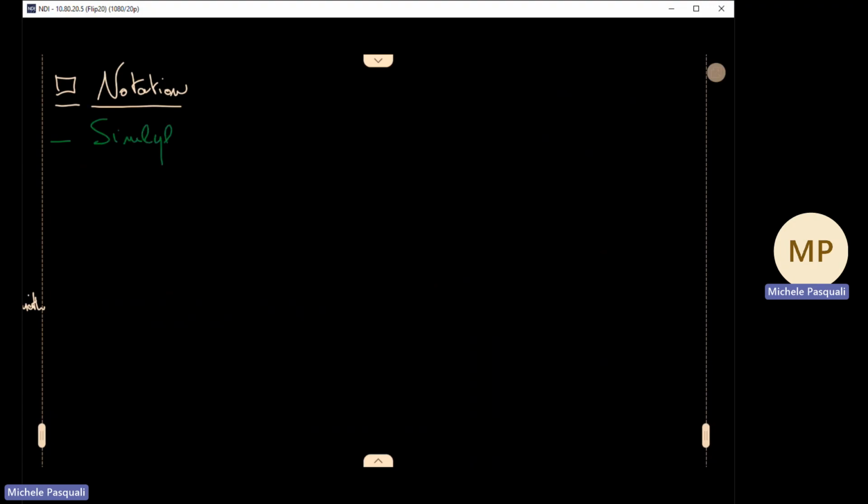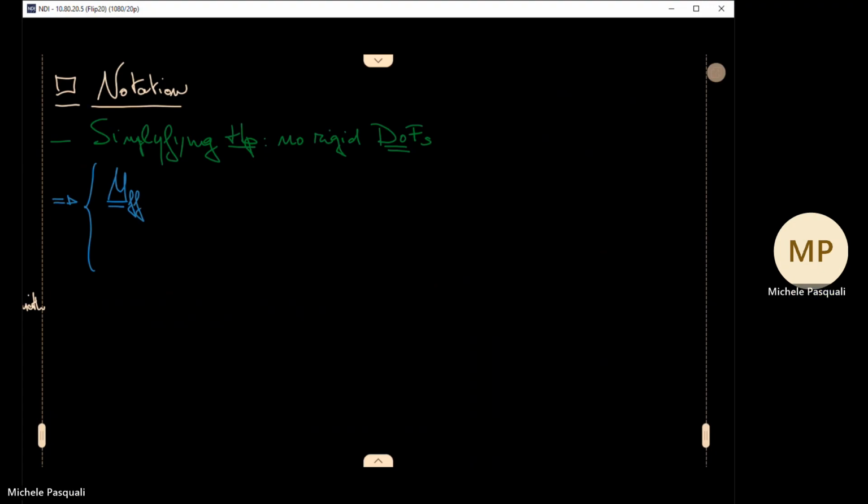So, simplifying hypothesis: no rigid DOFs, degrees of freedom. Okay? In this sense, we will call our structural mass, it becomes, we will recall it as M, so we drop the F if you want.